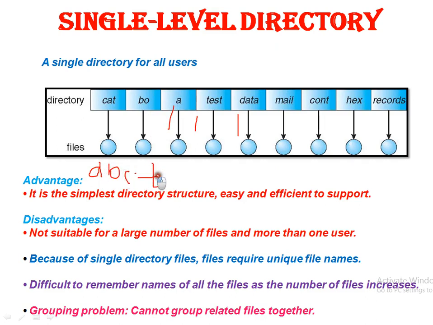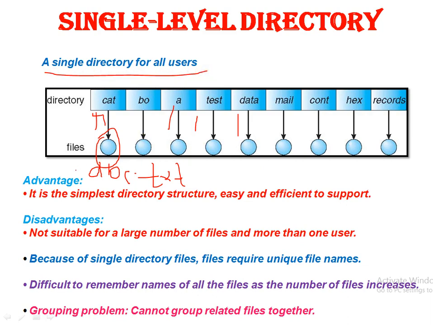I can tell that this abc.txt file is under the directory called cat. Next, this is another file which is under directory bo. Like that, I have each and every file under a single directory. That is the meaning of a single directory for all users.